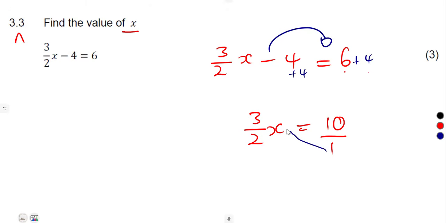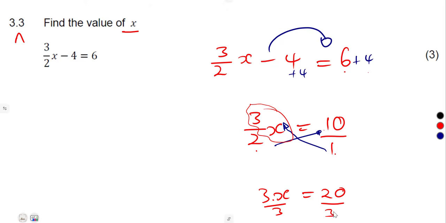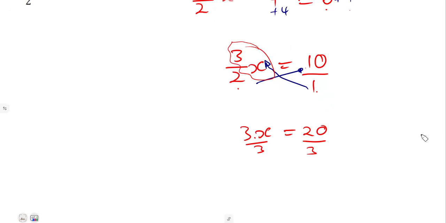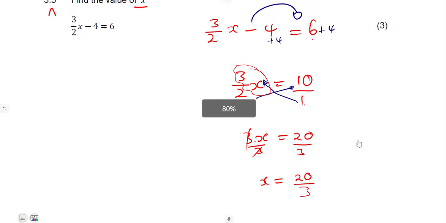So we can say 1 multiplies the numerator, this one multiplies this. So it's 1 times 3x. You take it like that. So thus 3x is equal to 2 times 10, which is 20. So that's a product here. Divide by 3, by 3. So x is going to give us what? 20 over 3. All right, you can leave it like that. You can simplify further. It is in your hands.